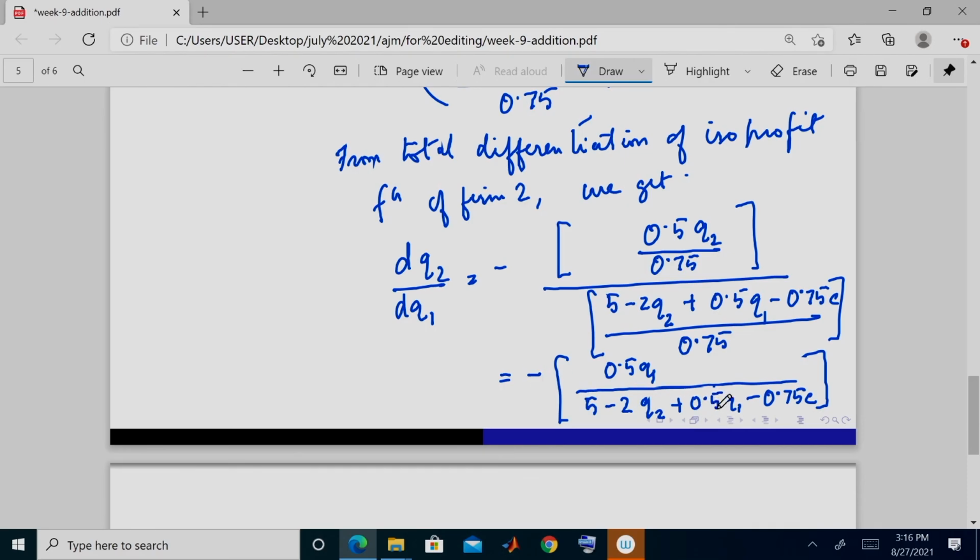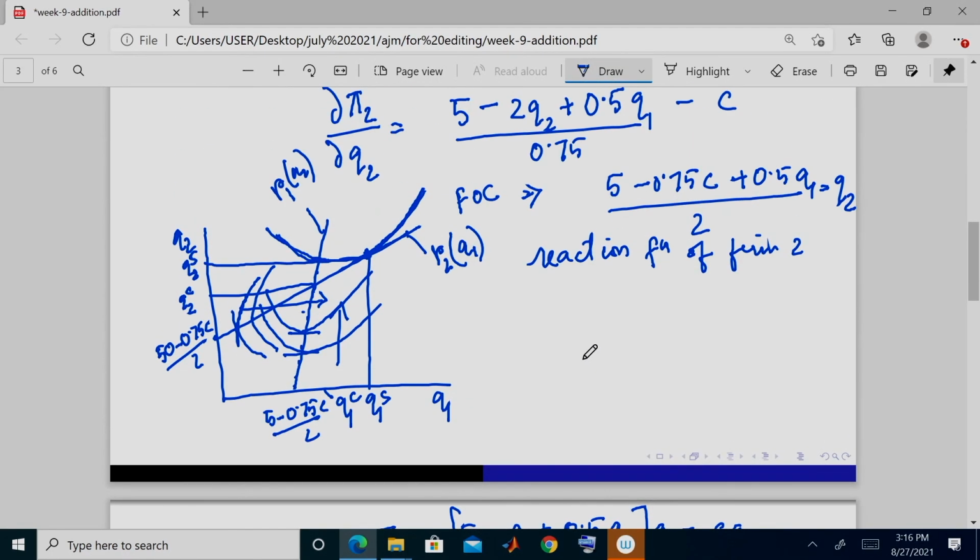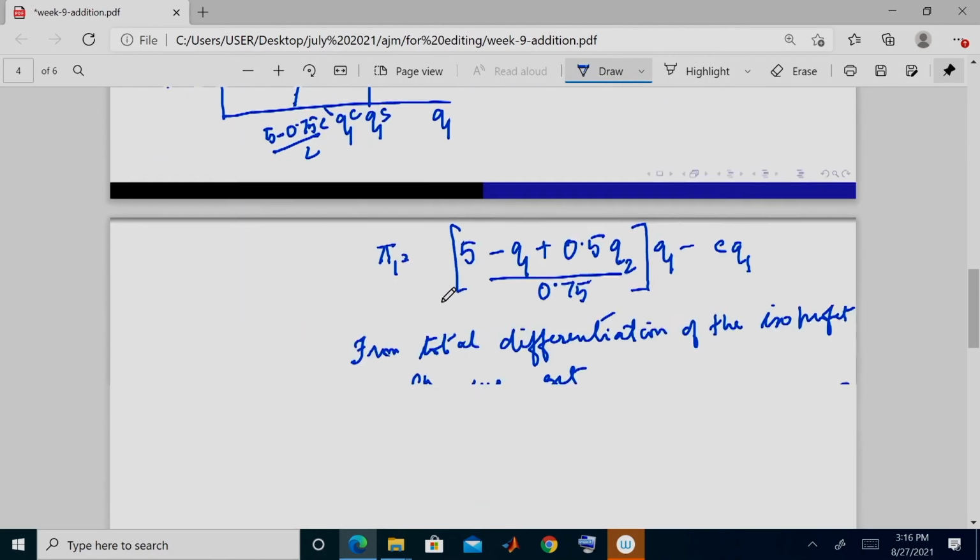So, if we keep this fixed at the reaction function and then keep on decreasing this, then this is going to be positive. So, this is negative. That is why this portion is negative and this portion is positive. So, these are the isoprofit curves of firm 2.